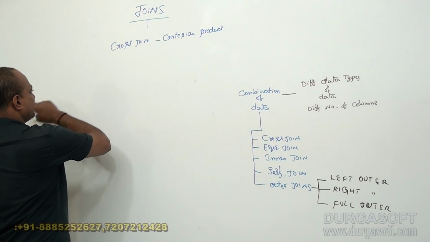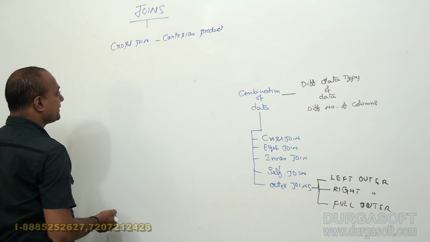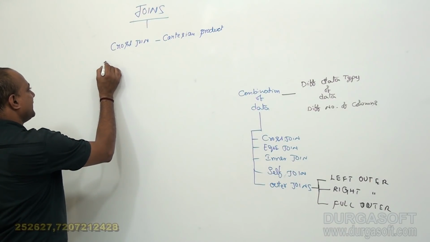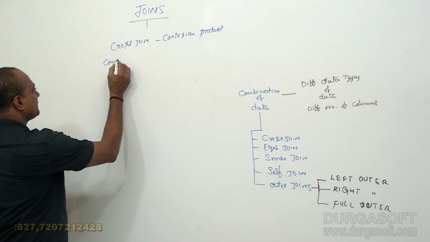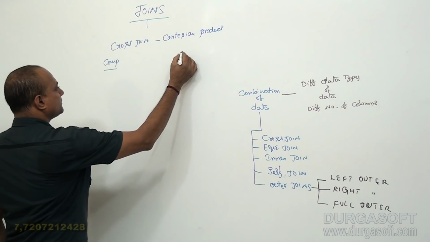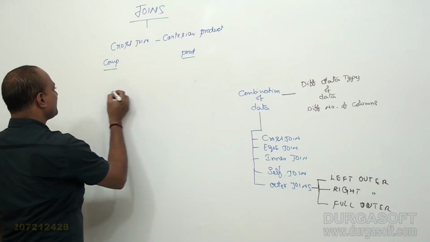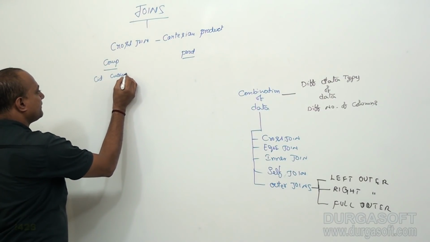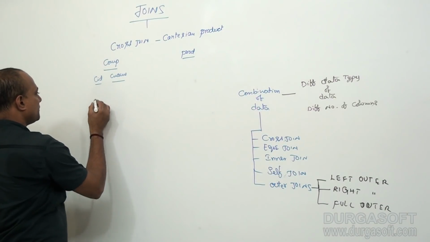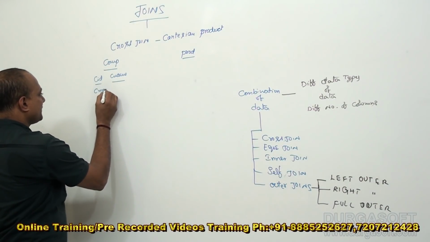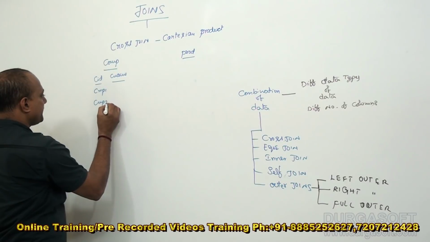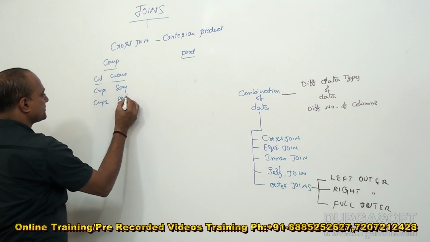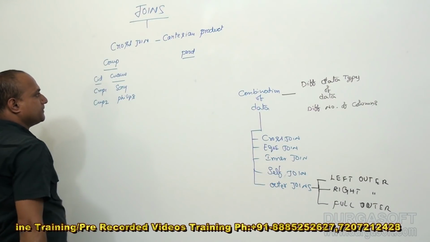How do they map? Let us see. Before that, let me take two tables: a company table and a product table. Company table has company ID and company name, two columns: CMP1, CMP2, Sony and Philips. Two companies.